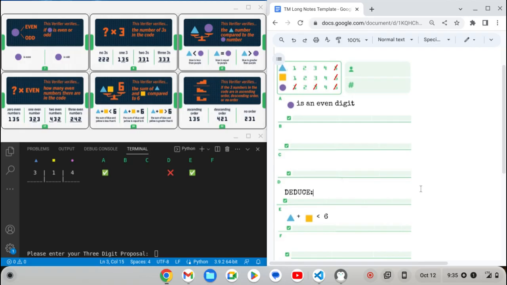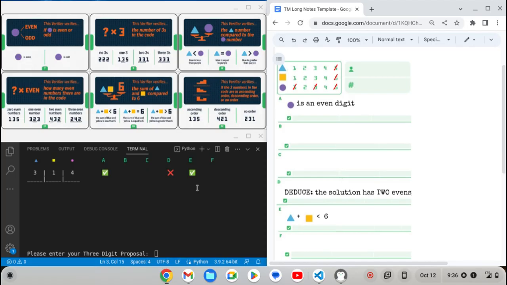So we're going to deduce that the solution has 2 evens. Okay. Well, that does it for this round. We have completed our 3 Turing tests in round 1.